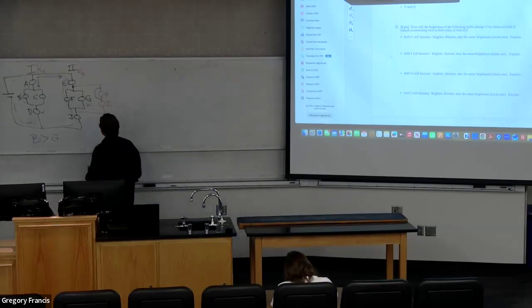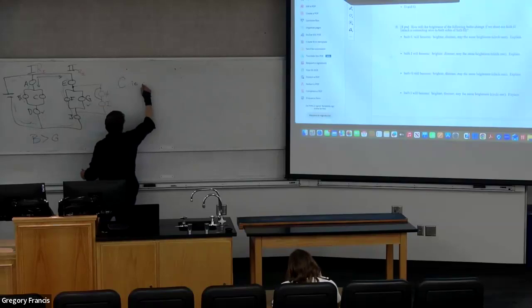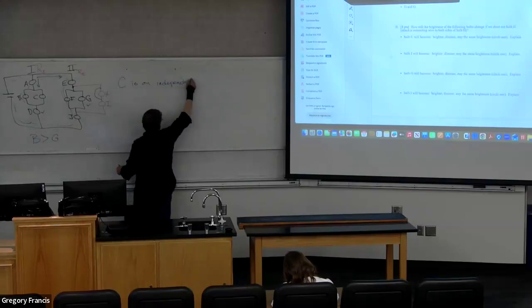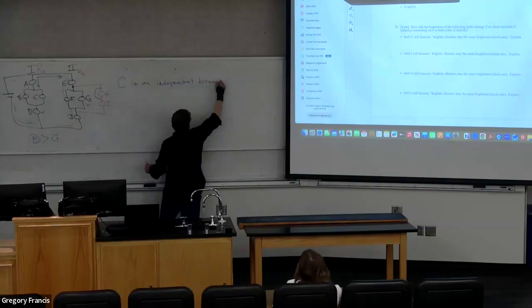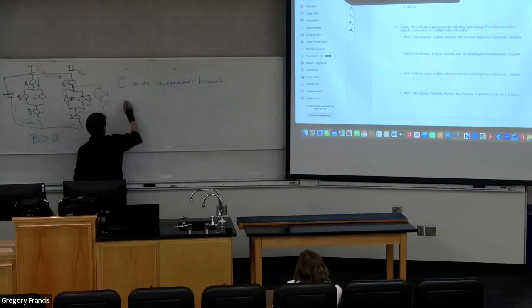So bulb C is on an independent branch parallel across the battery. So C will not change.